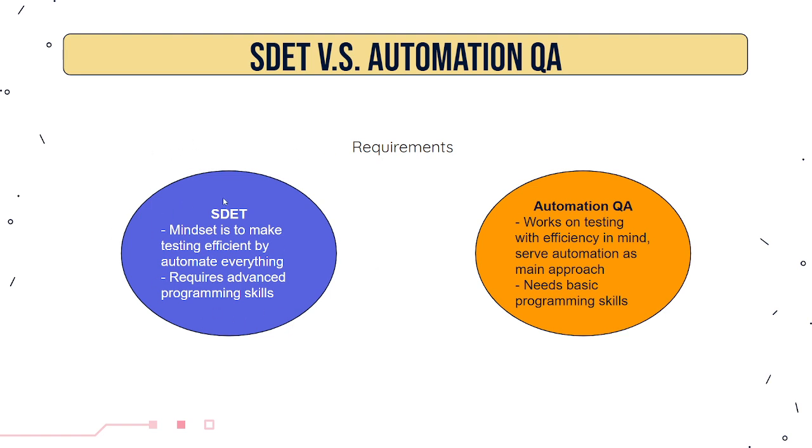So we can see that the SDET needs a mindset of making testing efficient by automating everything he can. He or she requires advanced programming skills to build a framework that can run daily and run the tests by itself, without the need for a human to manually control it.